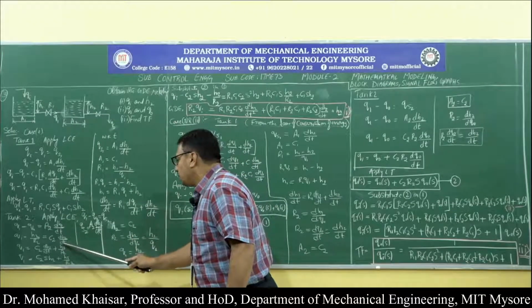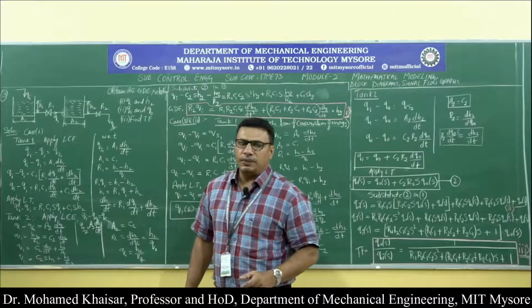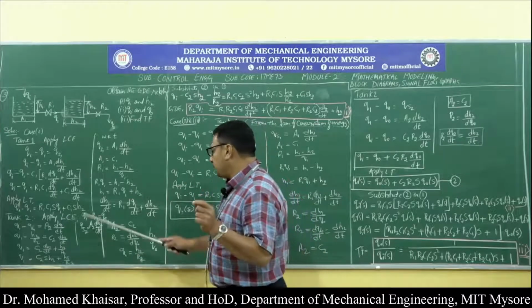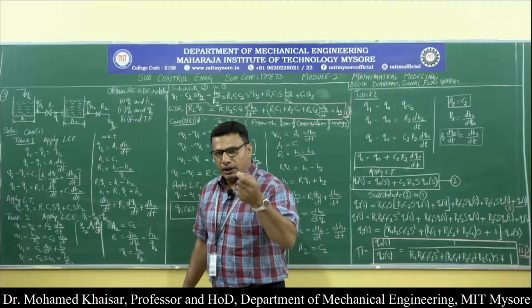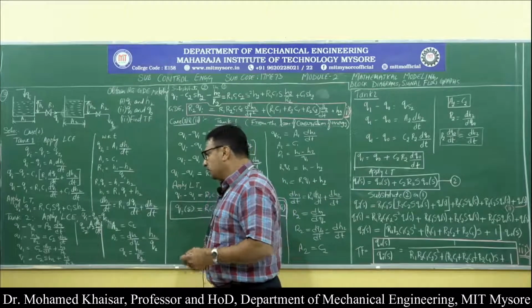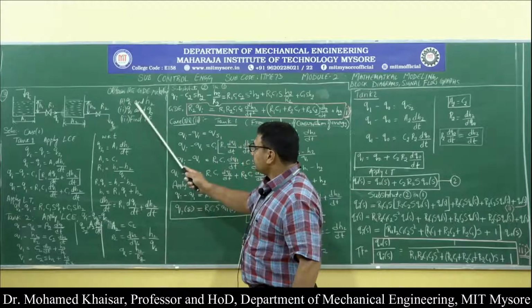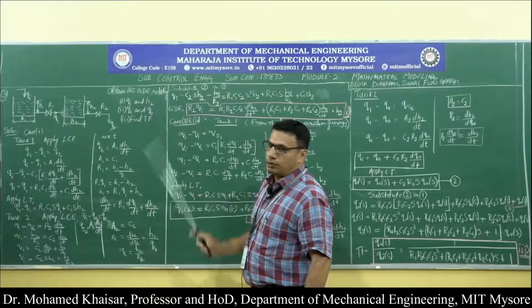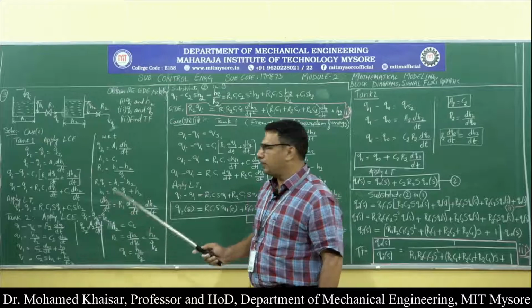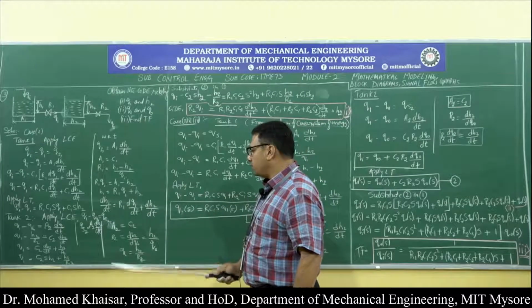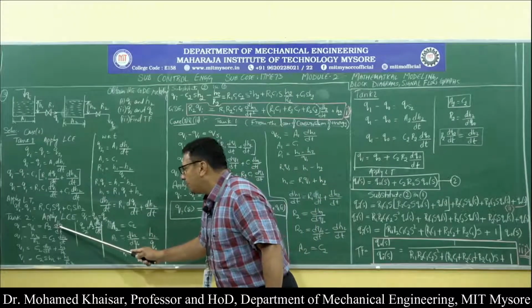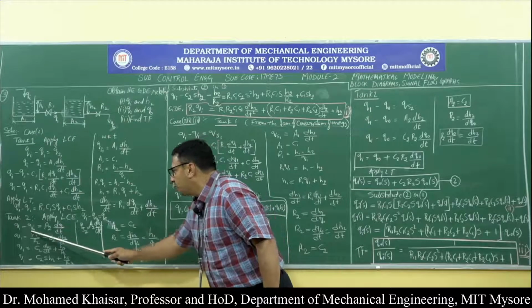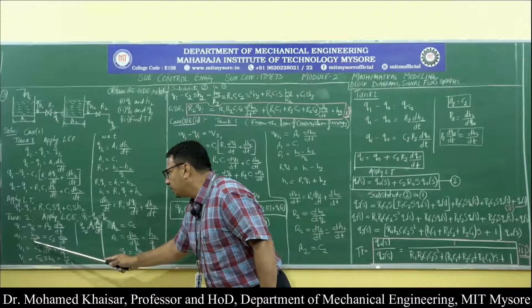Then dH2 by dt: on all previous occasions, we have tried to replace dH2 by dt in terms of either Q0 or Q1. Whereas here, considering the question in terms of Qi and H2, we need to find the governing differential equation in terms of Qi and H2, because of which we will not replace this dH2. Instead, for this Q0, we will try to find something in terms of H2.